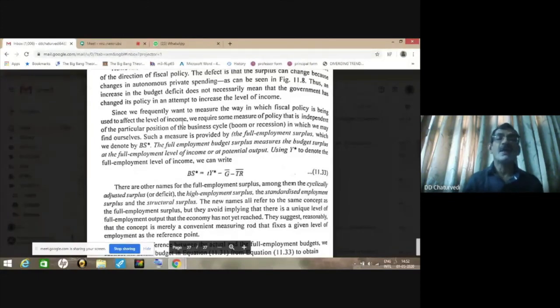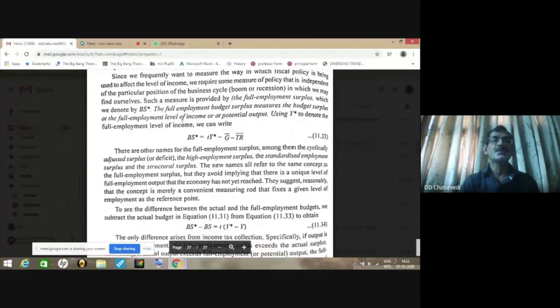It is also called high employment surplus. It is also referred to as standardized employment surplus. It is also called structural surplus. But we generally use the term full employment surplus, that is more popular.